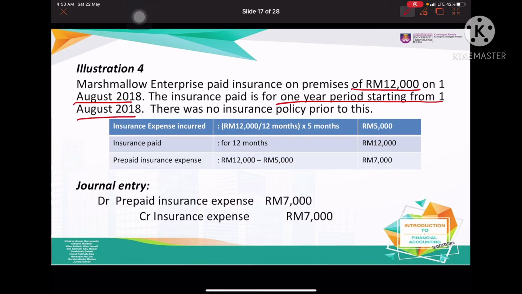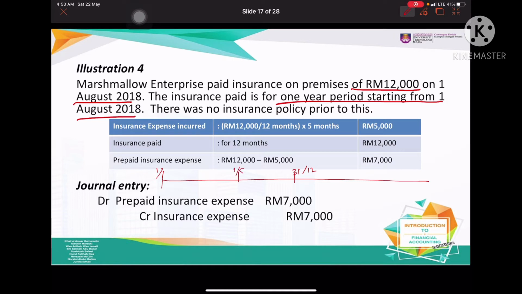But please do remember our accounting period ends on 31st December. If I draw our accounting period here, it starts from 1st January until 31st December. But we are paying our insurance starting from August.